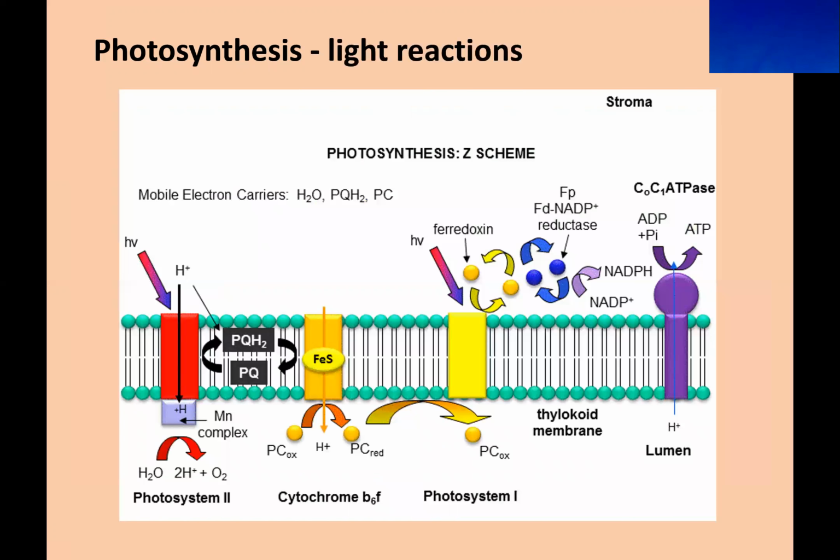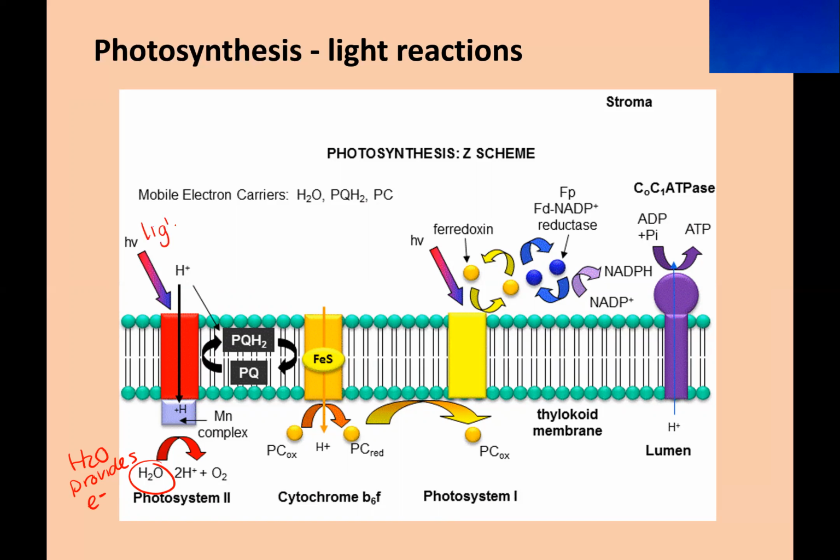So the light reactions consist of two electron transport chains. And I'm going to show you the Z scheme in just a second, but just let's focus here. So remember that we need water. Water provides the electrons for the electron transport chain.